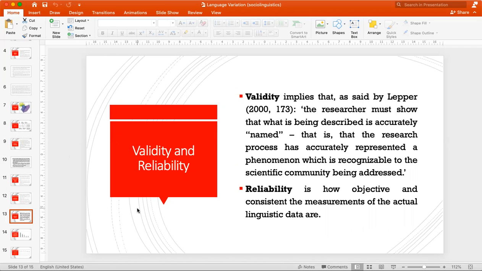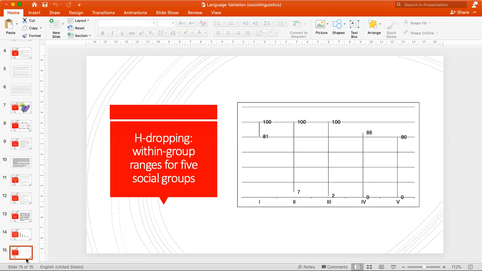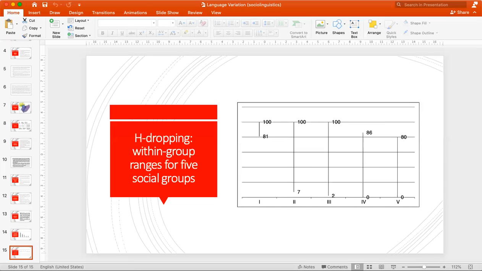Validity implies, as said by Labov, that the researcher must show that what is being described is accurately named, and reliability is how objective and consistent the measurement of the actual linguistic data are. Each dropping means for five social groups, and each dropping within groups ranges for five social groups, as you can see in the diagram, the figure itself. And that's all, folks, for today.